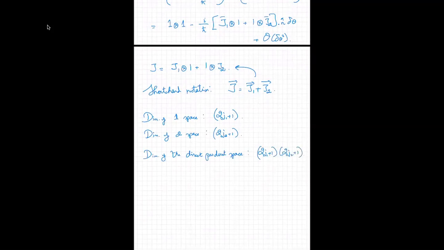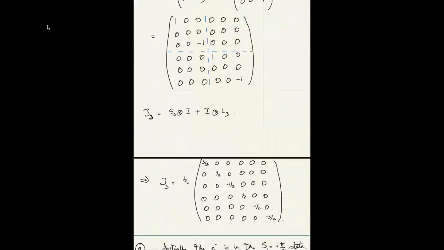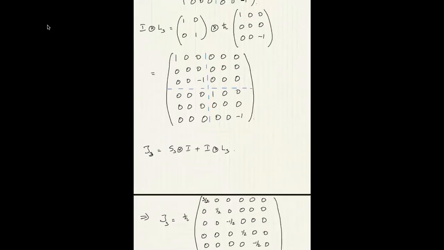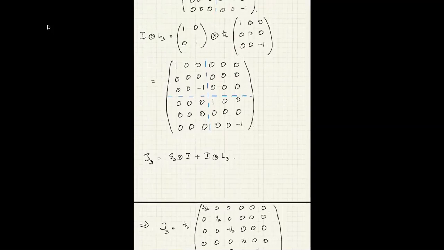So for example, when we added angular momenta J equals 1 and J equals half, the J equals 1 space had dimensionality 3, because the 3 vectors were |1,1>, |1,0>, and |1,-1>. And for J equals half, the dimensionality was 2 because we had 2 vectors, |1/2,1/2> and |1/2,-1/2>. So the dimensionality of the direct product space was 6 by 6, which is 3 times 2.